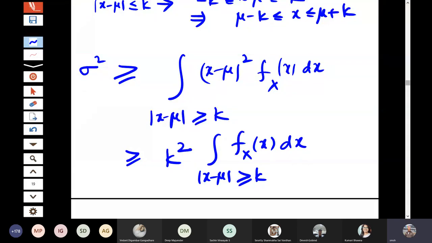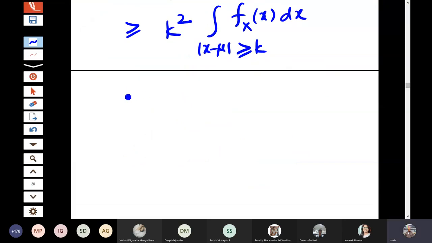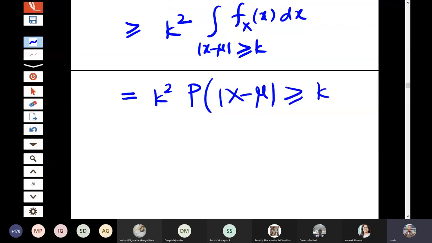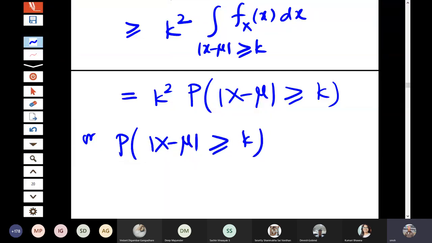So this is nothing but k square into probability of mod x minus mu greater than or equal to k. That is, probability of mod x minus mu greater than or equal to k is less than or equal to sigma square by k square. So this is a relation between probability statement and the moments. Is it clear?